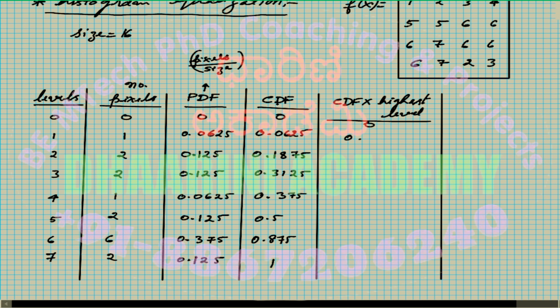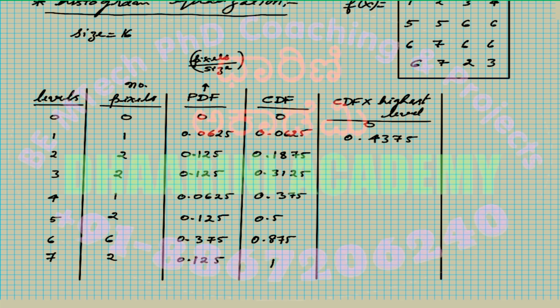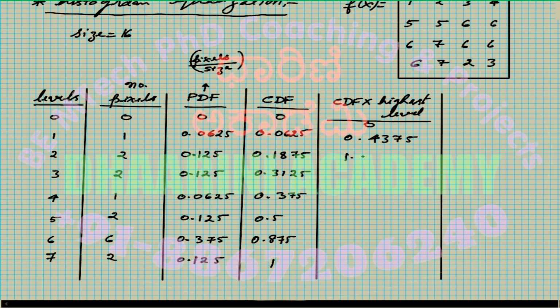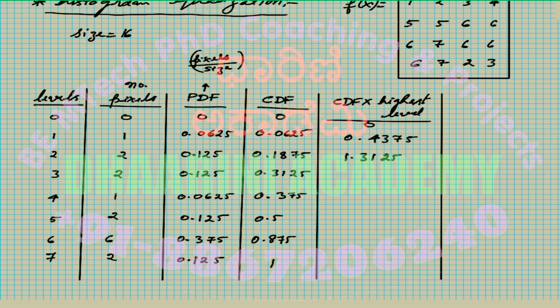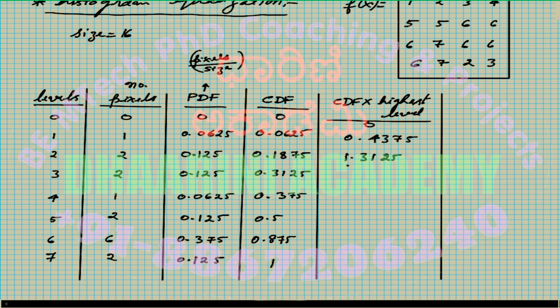That is 0.4375. Next number, 0.1875 into 7 is 1.3125. Then the next number is 0.3125 into 7, that is 2.1875.